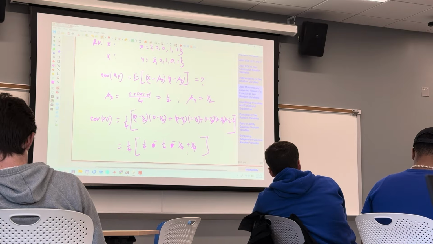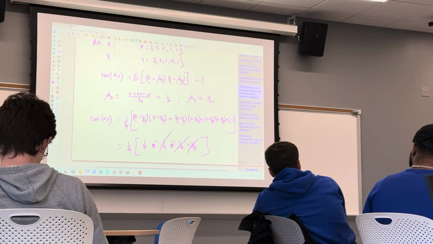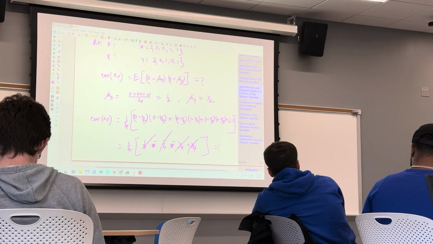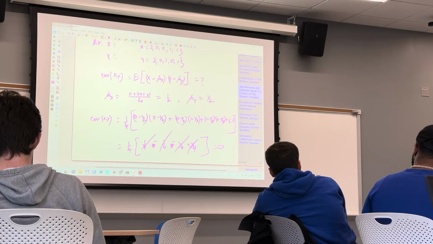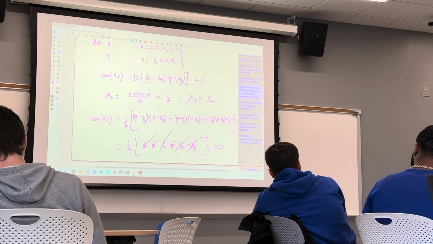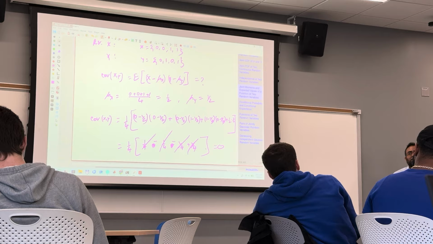So now positive 1/4, negative 1/4, negative 1/4, positive 1/4, and your covariance is 0. So because this covariance is 0, x and y data are uncorrelated.